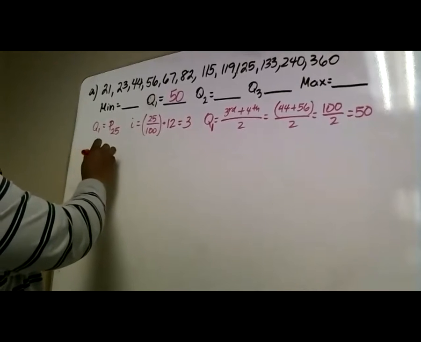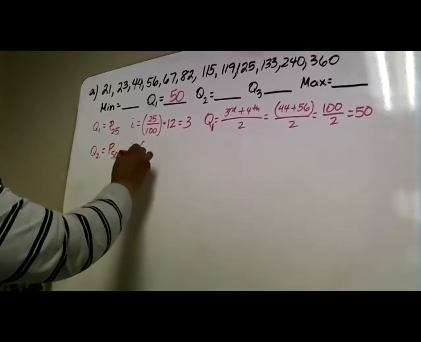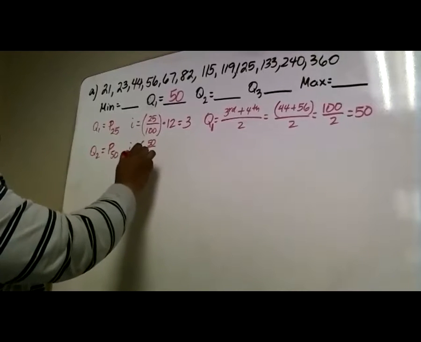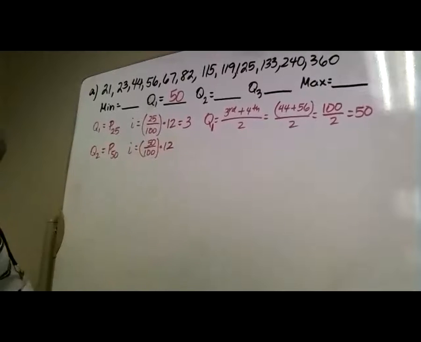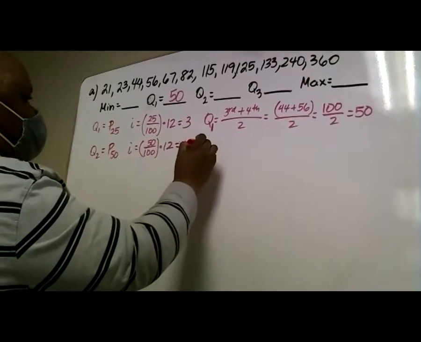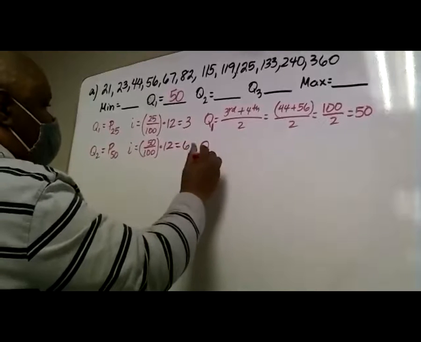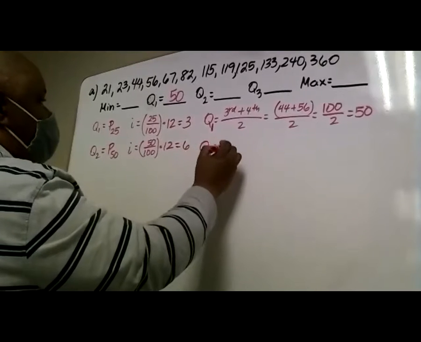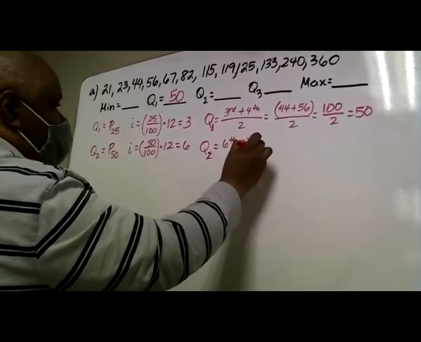And then for Q2, that's the 50th percentile. So here, this is 50 divided by 100 times 12, which is how much? 6. And that's a whole number. So it'll be the 6th and the 7th number.